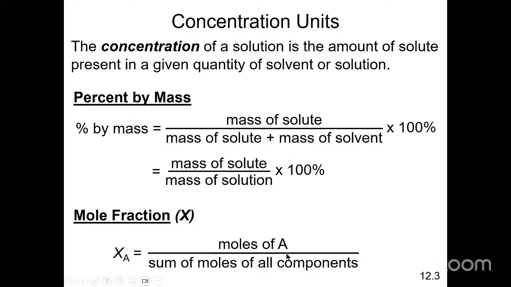And as you can see here, because you have moles divided by moles, that means that there will be no units associated with the mole fraction, all right? Another thing you should recognize about the mole fraction is that it can be no lower than 0, obviously, but it can be no greater than 1, all right? So the mole fraction will range from 0 to 1, all right?